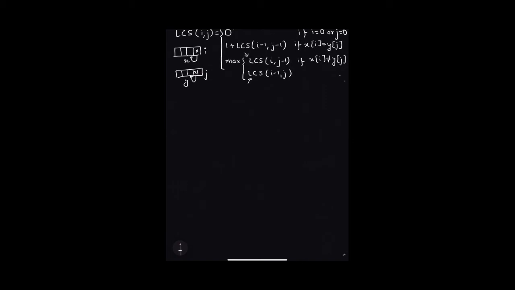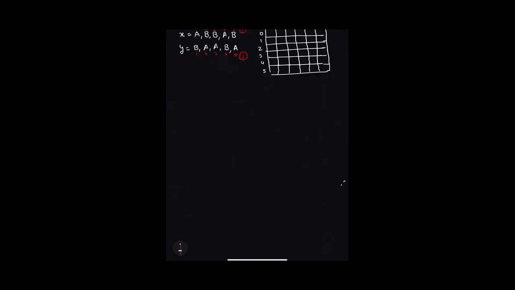Let us see this with an example. Here I am having two strings X and Y. For X I have considered the I variable and for Y I have considered the J variable. I have also created the table, and in that we are going to simultaneously update the values, so that if we have got an answer for any value, we can straight away use that value for our function calls.